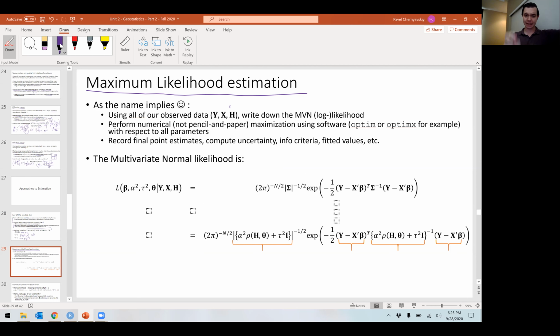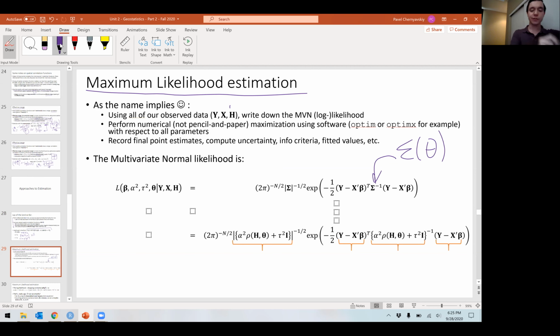The thing is that I can't do this with pencil and paper. I also wouldn't want to, because I have a parameter inside of my variance covariance matrix that controls how quickly the correlation decays with distance.